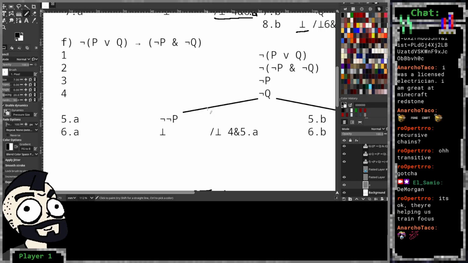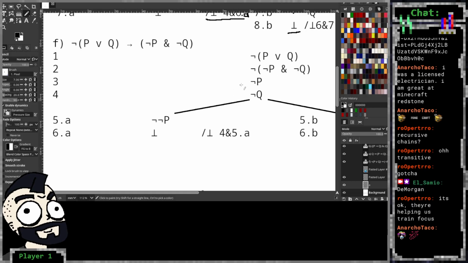This is a contradiction. I have a formula and its negation. Not all contradictions need to be of the shape P and not P. I mean, technically this is P and not P, except that P in this case is not P. It's still a formula and its negation. That is what matters.